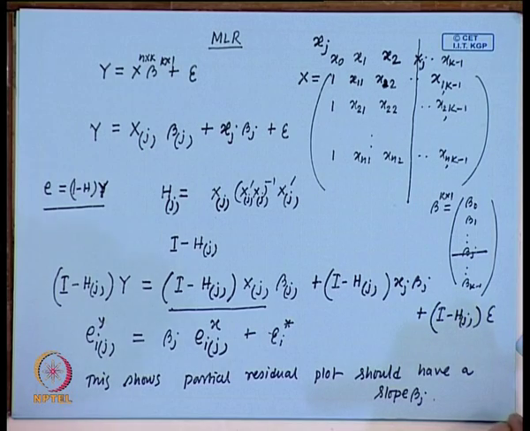Okay, so what we understood is that we know how to compute two residuals, and the relationship between these two residuals is also linear. There will be a straight line fit between these two residuals with the slope β_j.